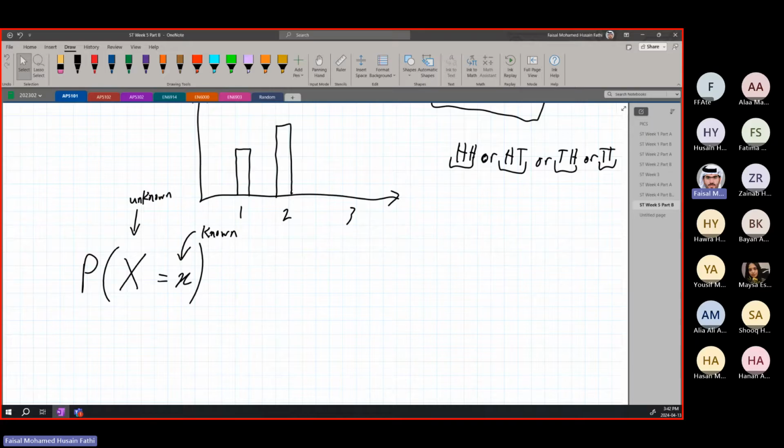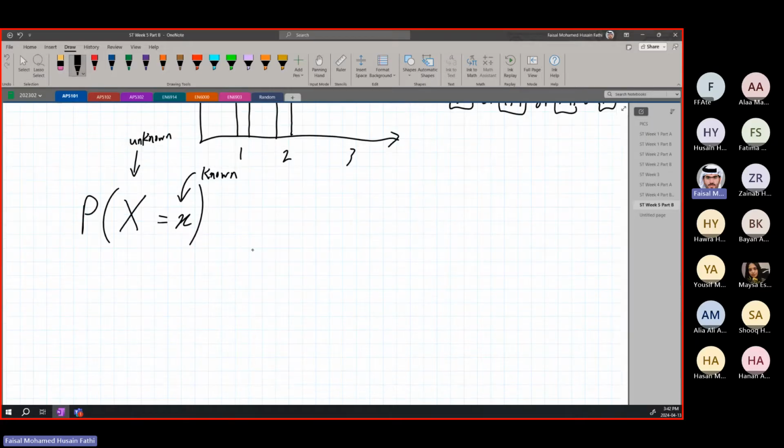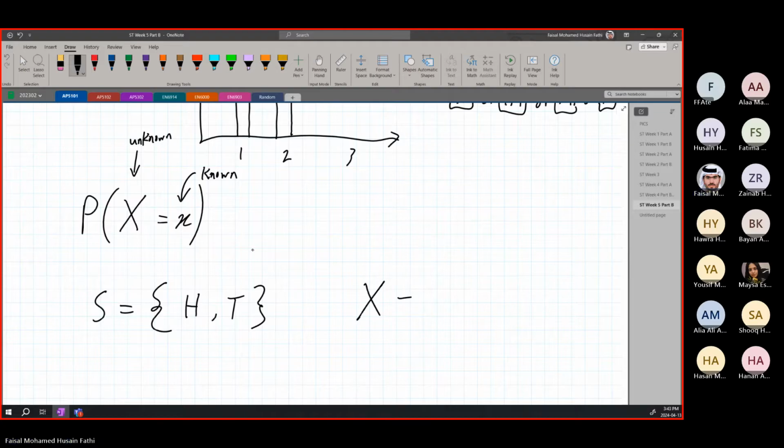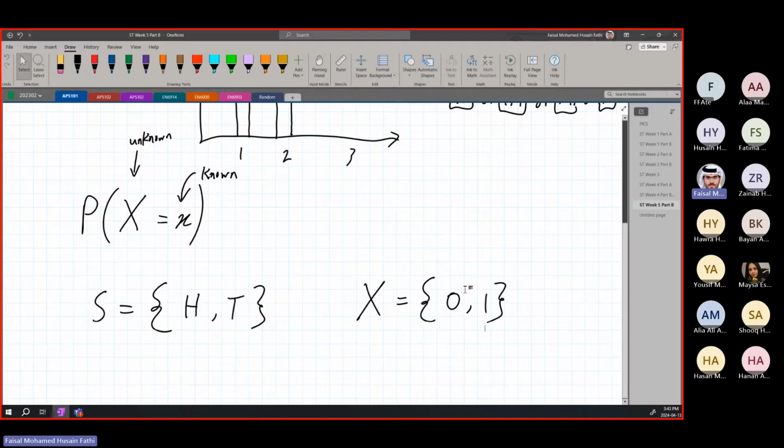So for example, let's say that we have heads and tails. Okay. So our sample is going to look like this. It's heads or tails. Okay. So for x, the way we would write it in x terms, our x is going to be either 0 or 1. It can either be heads or tails.